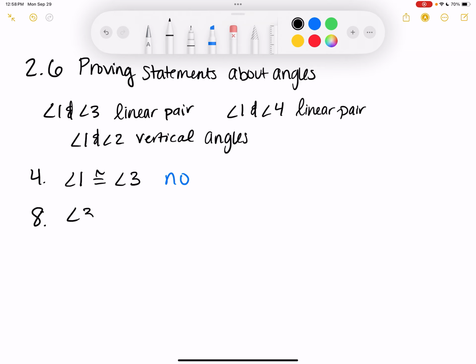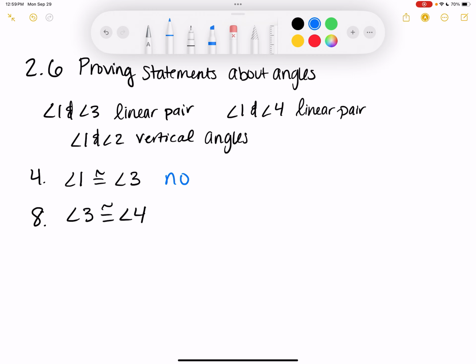Number 8. Angle 3 is congruent to angle 4. Is this true? Okay, why? Because they're not vertical angles.